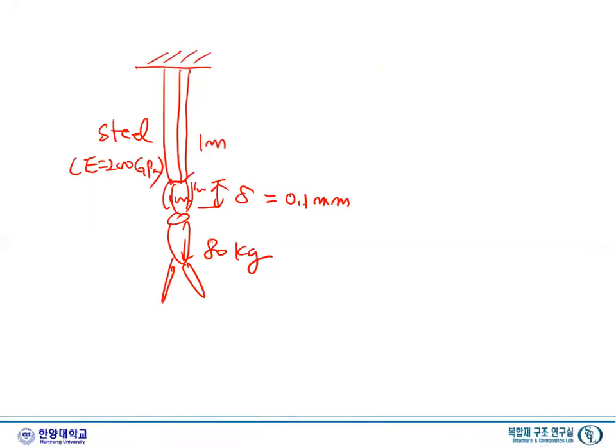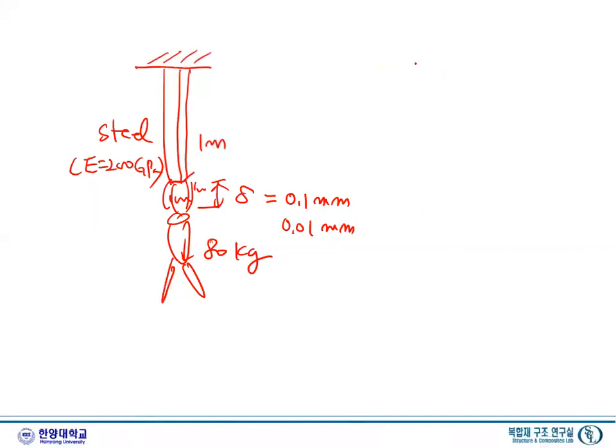What will be your guess? 0.01 millimeters. Actually, 0.1 millimeters is very small. You cannot even see that, right? The thickness of a paper is about 0.1 or 0.05, so it's the order of the thickness of your paper. That's the amount. 1 meter, and you just hold it, how much does it extend?